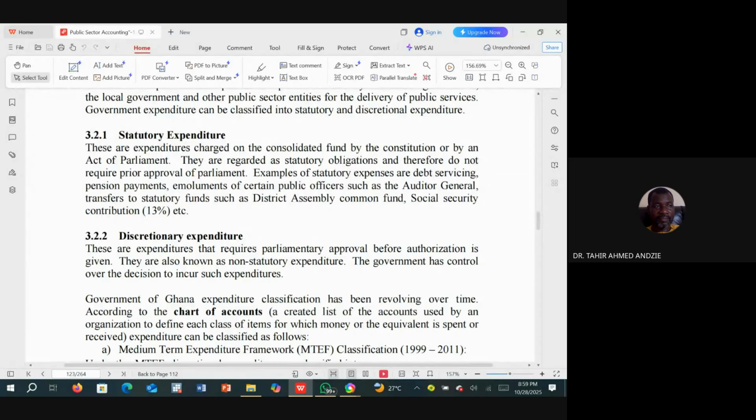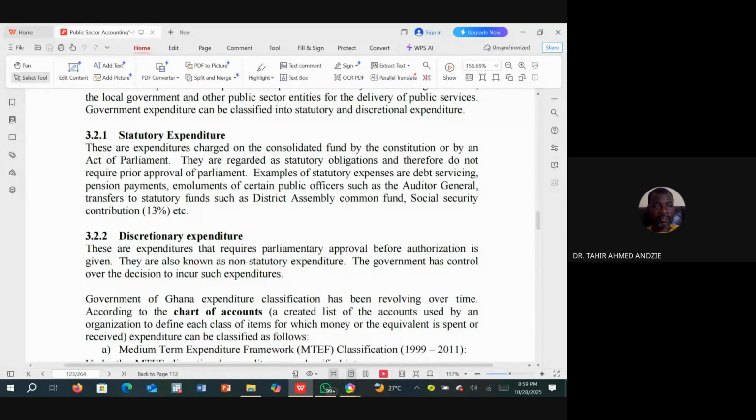Please take note that I can give you this very question to explain or differentiate between statutory expenditure and discretionary expenditure. It's a good test for you.